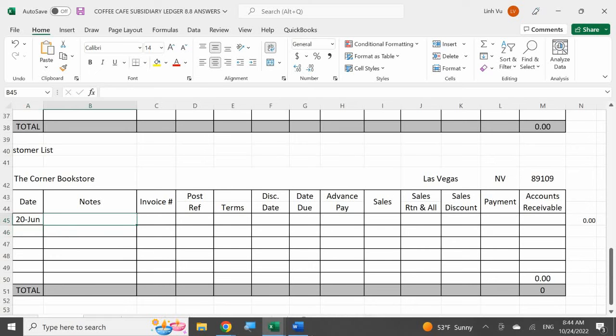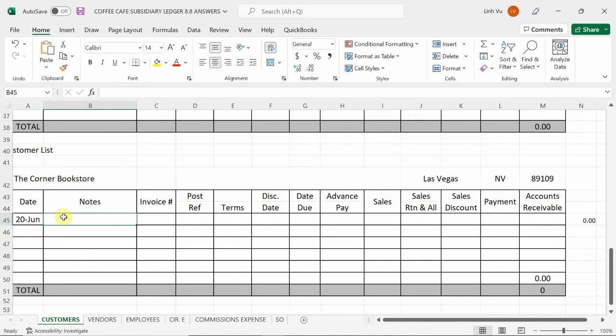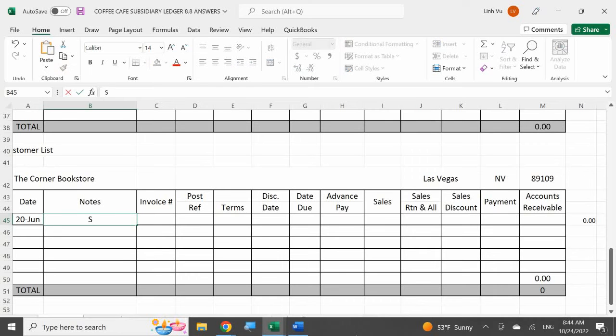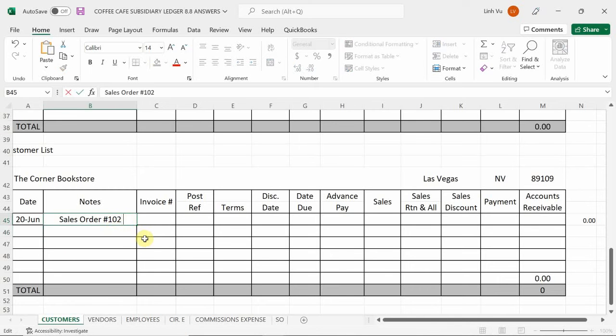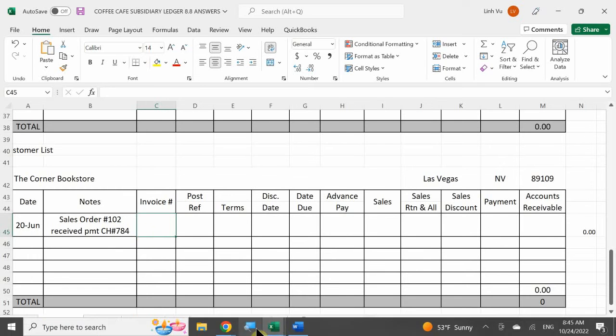Today's the 20th. What did we do? Received payment. Check number 784.